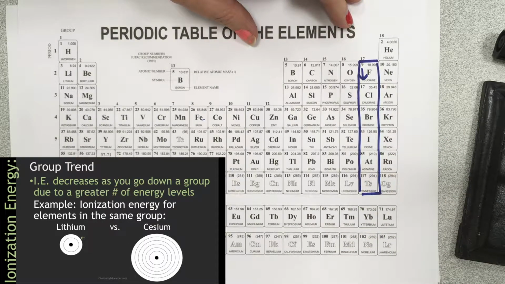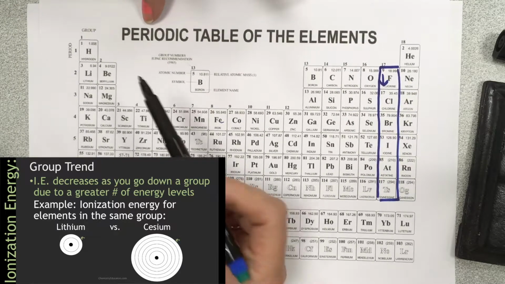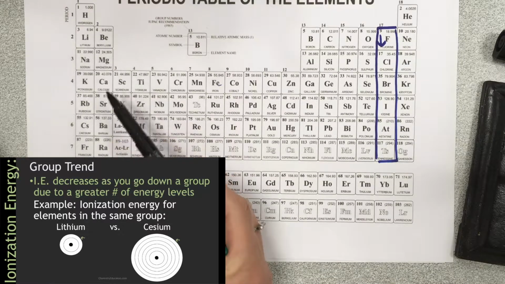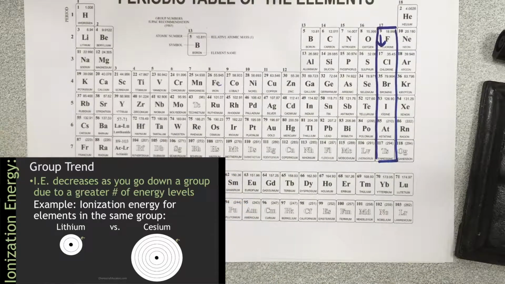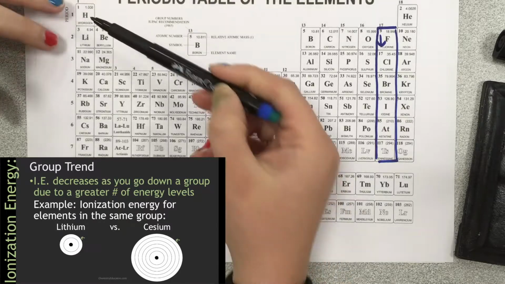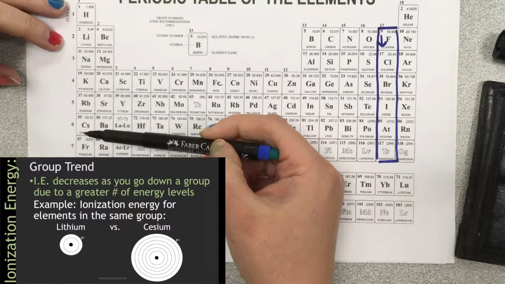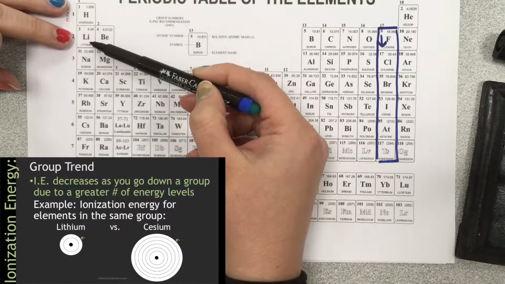All right, so looking at cesium and lithium on the periodic table, lithium here and cesium all the way down here. Cesium has 1, 2, 3, 4, 5, 6 energy levels compared to lithium that only has 2.